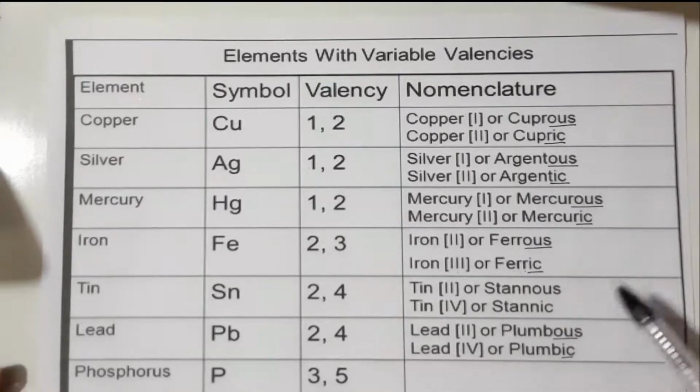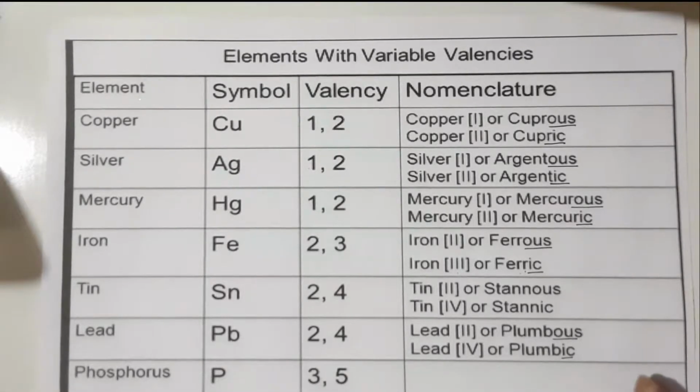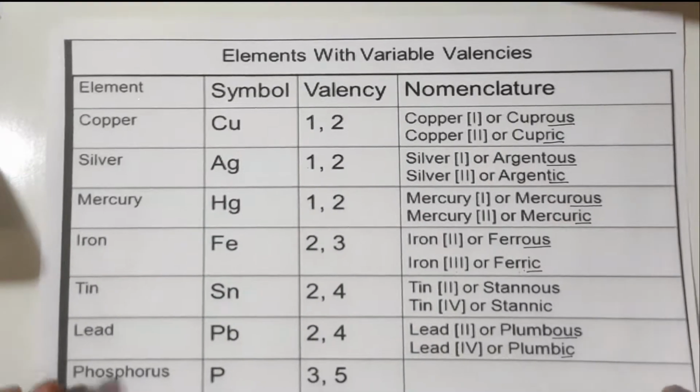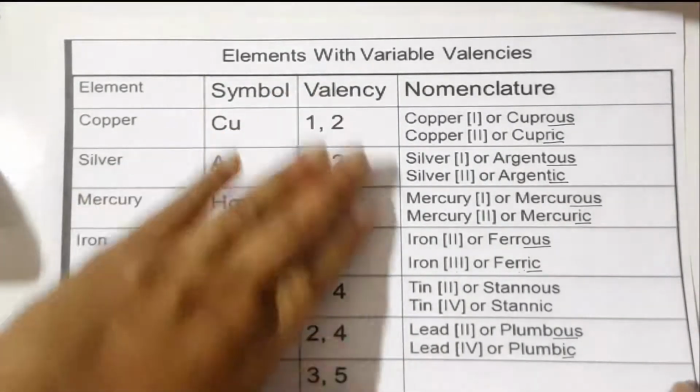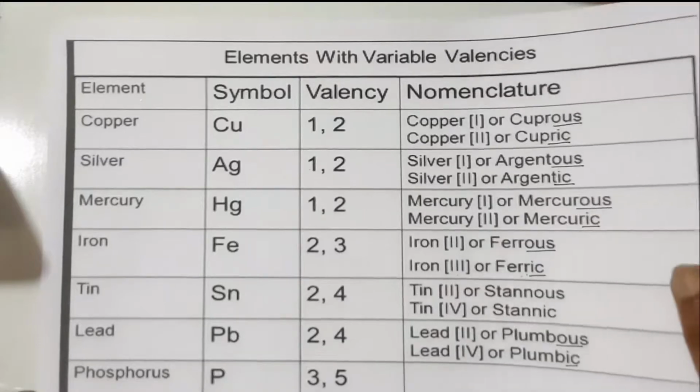This is the system of naming that you must remember because we will be using it in our further study. I hope you will be able to remember all these variable valencies as well as the symbol and the name of the element, and you have learned the system of naming which is called nomenclature. Nomenclature means system of naming.